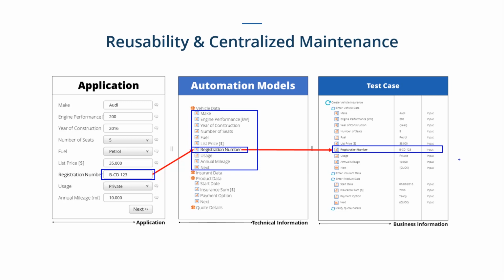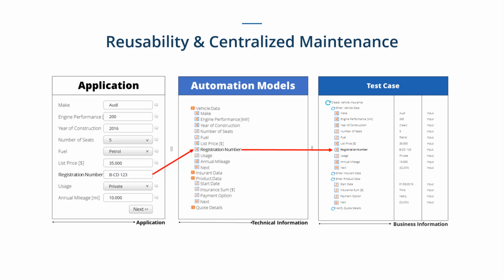So Tosca uses the model, or we call it in Tosca a module. So it'll use the module that you've created to scan the page and find the controls according to your identification criteria, and then it will use the input, the business information that you've entered in the test case section to steer those controls and follow a path through the application, and that's your test.